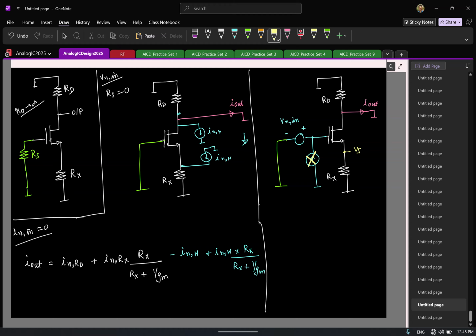So again, R0 is infinity. I'm applying a small signal voltage at the gate. What is the corresponding voltage I'll have at the source? Same is a very idealistic scenario, but what is the actual ratio? When will this be exactly equal to the input voltage?